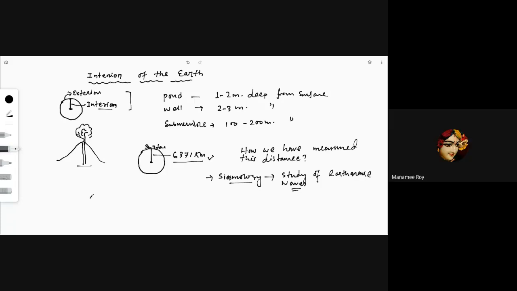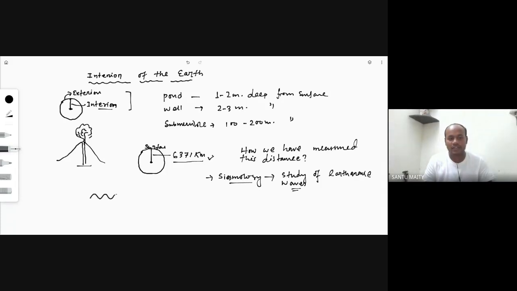Like this, when an earthquake happens, waves also originate, like whatever I have drawn. This is the concept of a wave. A wave should have a peak. This is the peak of the wave, and this is the trough.